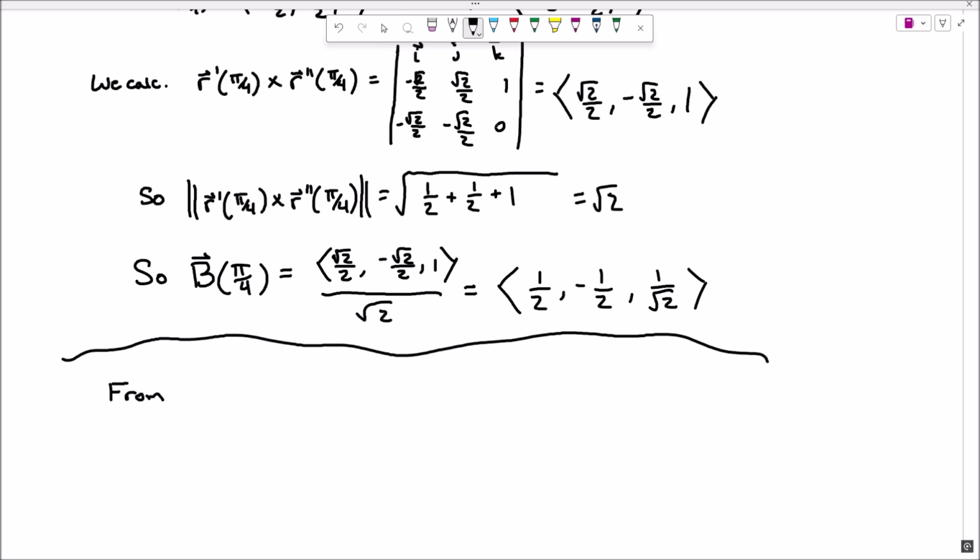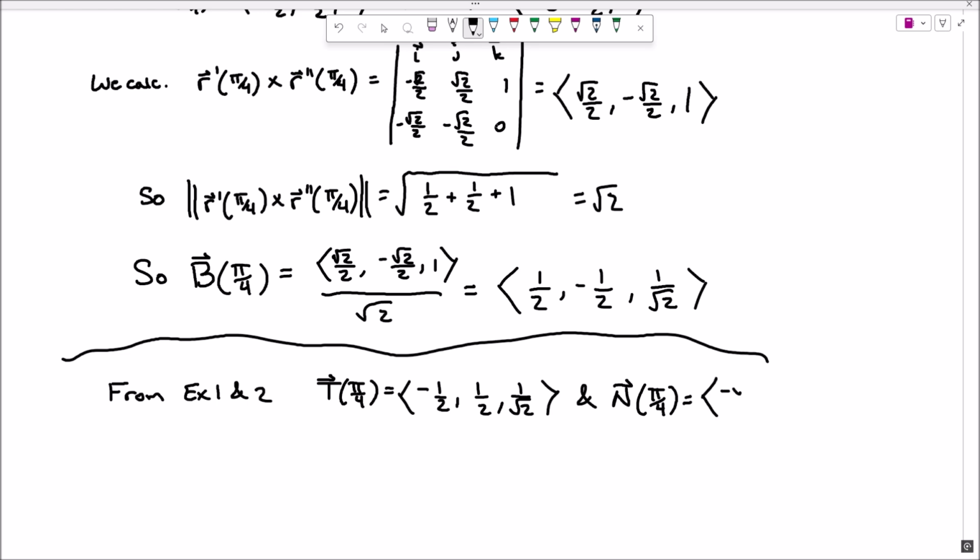So I'm going to just quickly note that from example 1 and 2, we had already established that T of pi over 4 was negative 1/2, positive 1/2, 1 over root 2, and that N at pi over 4 was equal to a negative square root of 2 over 2, another negative square root of 2 over 2, and a 0.